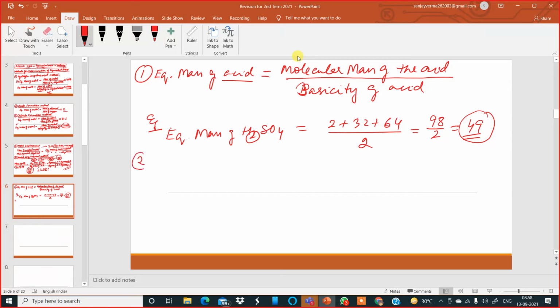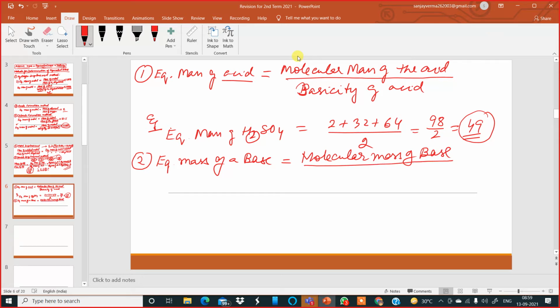Number two is called equivalent mass of a base. To get the equivalent mass of a base, you can apply a similar formula, where we use the molecular mass of the base divided by its acidity.